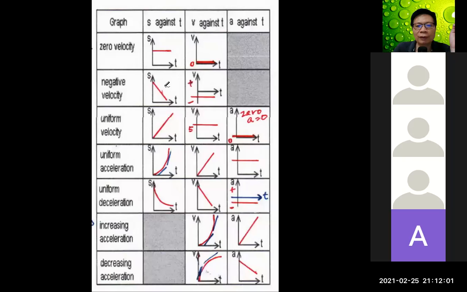There are 17 graphs. Okay, now take your time. You go and memorize it. Later on, I call your name, so you try to answer my question. Okay, try to memorize it now.